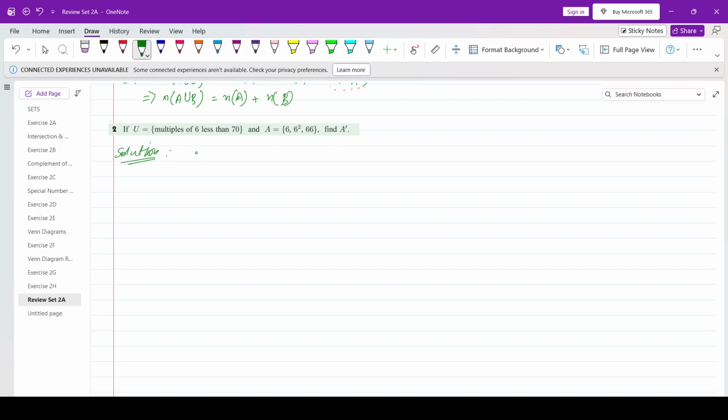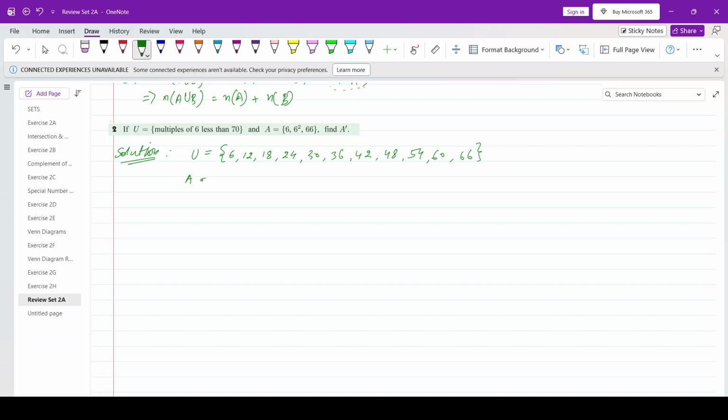First, we need to write the elements of the universal set. Multiples of 6 less than 70. So 6, 12, 18, 24, 30, 36, 42, 48, 54, 60, 66, and that's all.